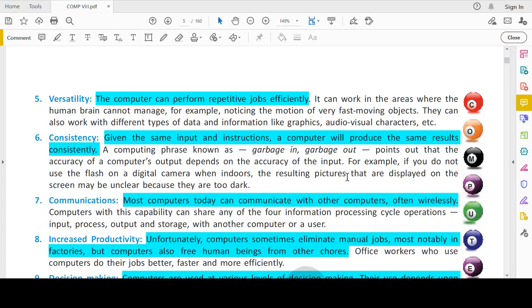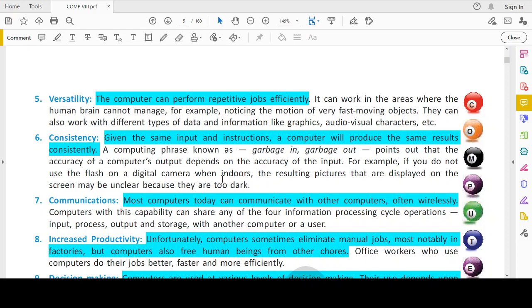So a computing phrase says that the accuracy of computer output depends on the accuracy of the input. If there is proper lighting on the object, then the image will be clear. The object comes on the image clearly. But if there is no light or insufficient light, the object will not be clear.